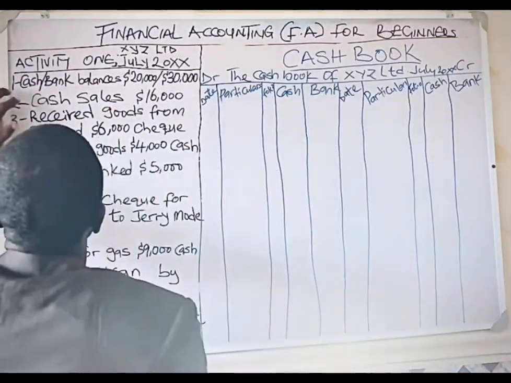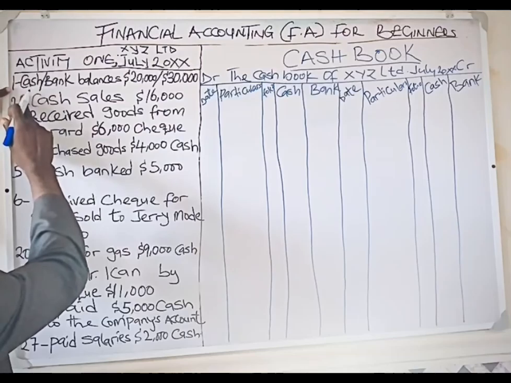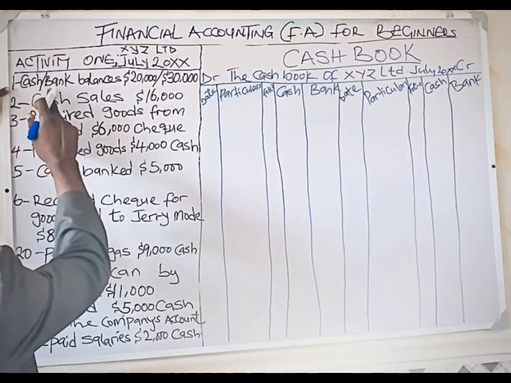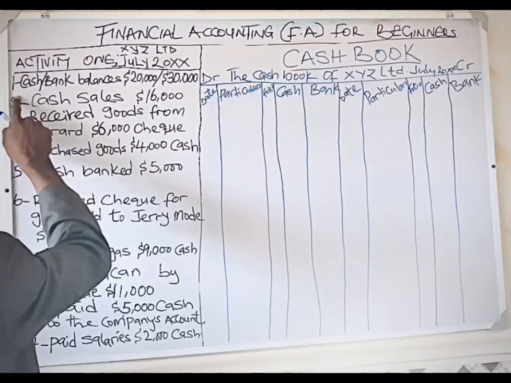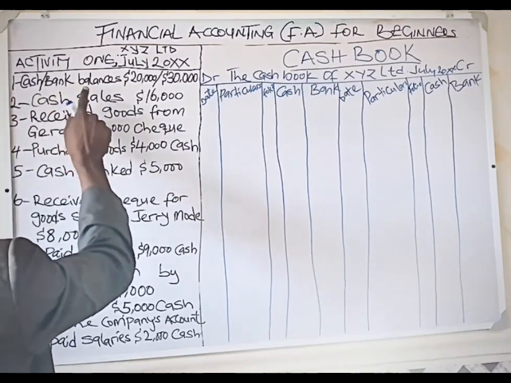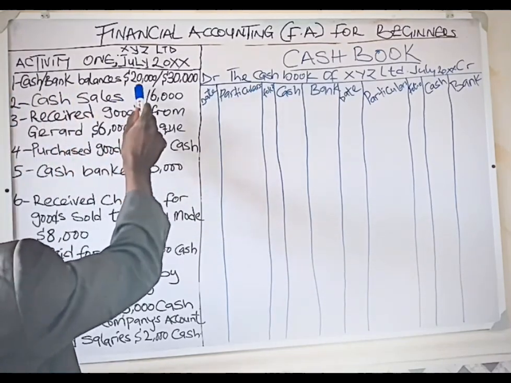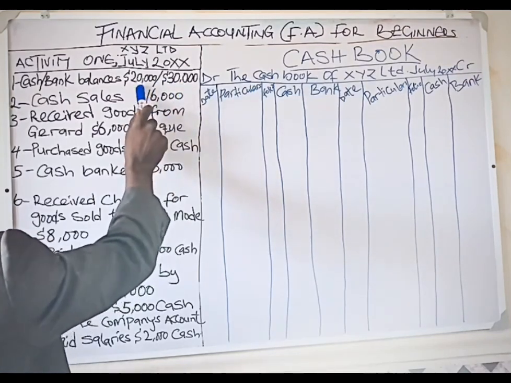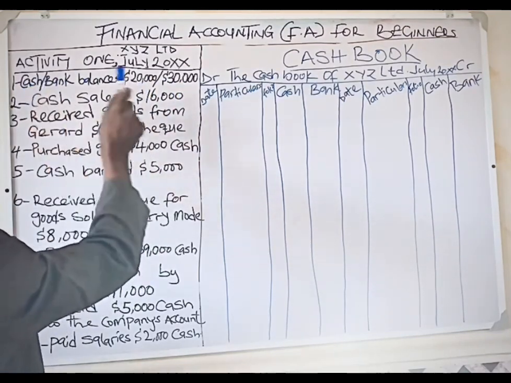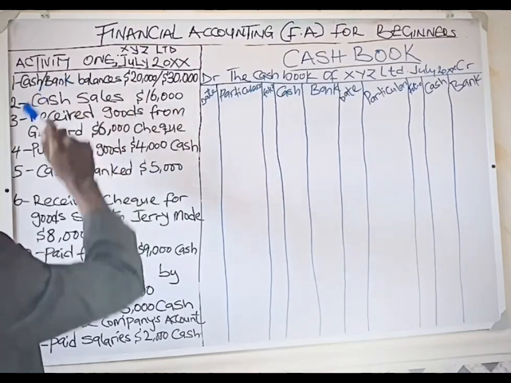Now, cash and bank balances, 1st of July: $20,000 for cash and $30,000 for bank.